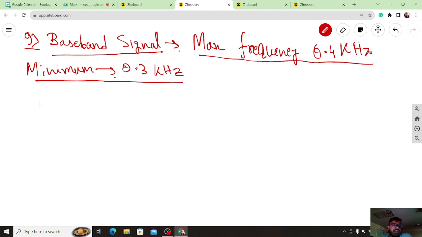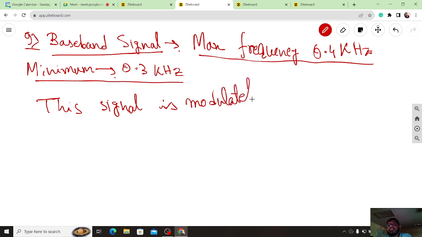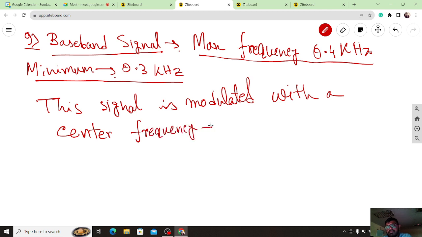So this signal is modulated with a center frequency of ten kilohertz.